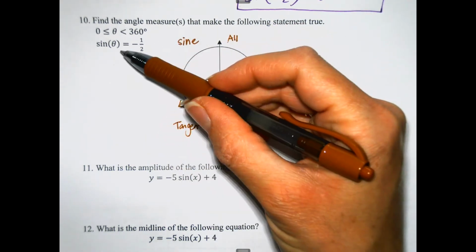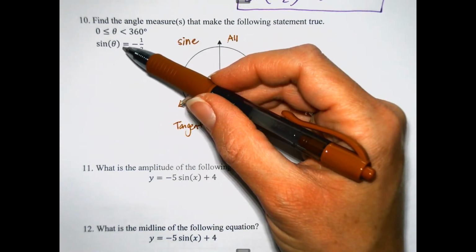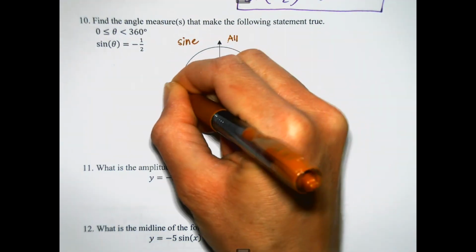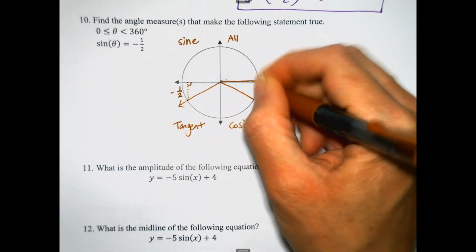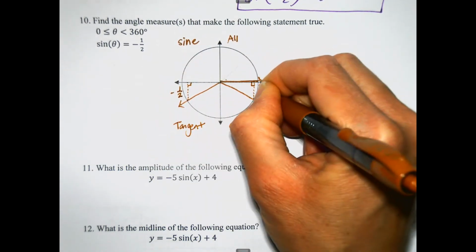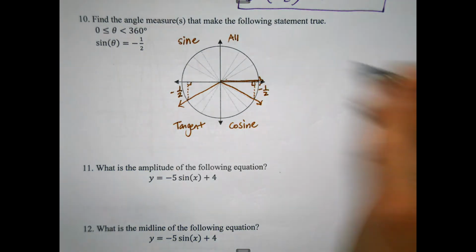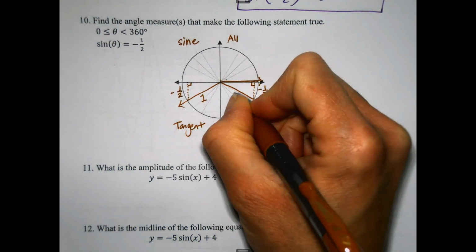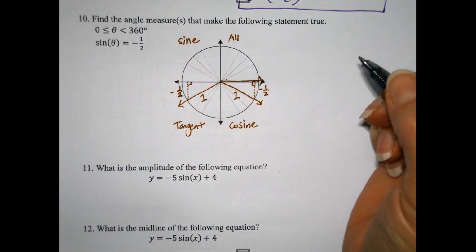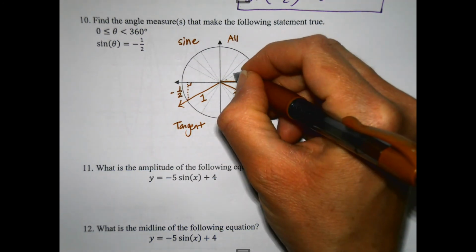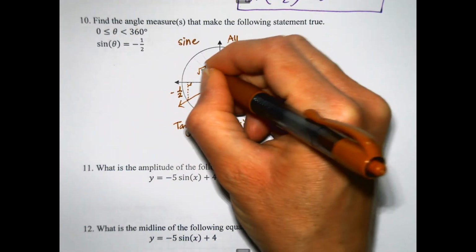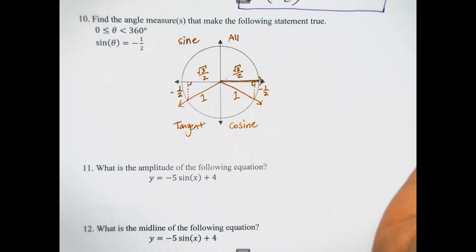Now, remember that sine is our y value when we are in the unit circle. Therefore, the opposite side or the y value is going to be -1/2. Our hypotenuse is always 1, and we've worked a lot with these triangles. This must be a 30, 60, 90. That means that the other side happens to be the square root of 3/2.